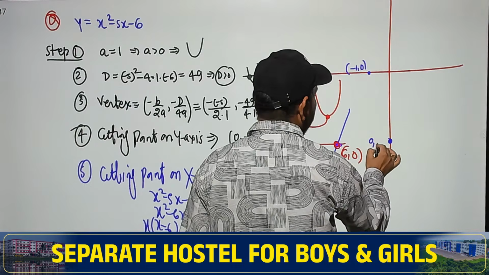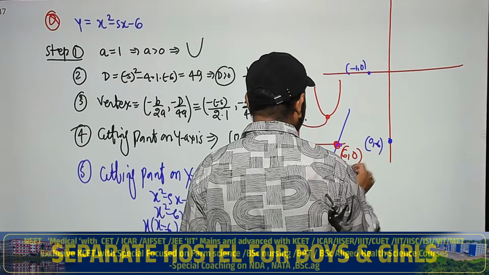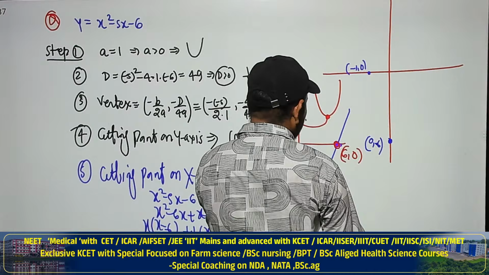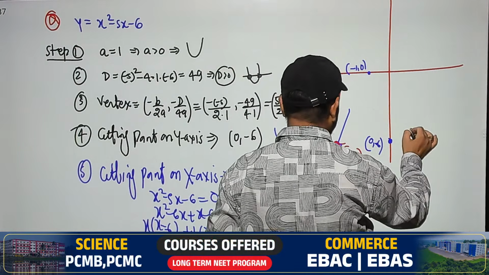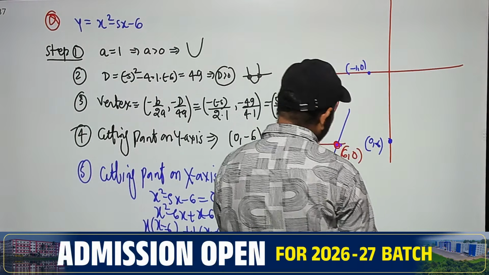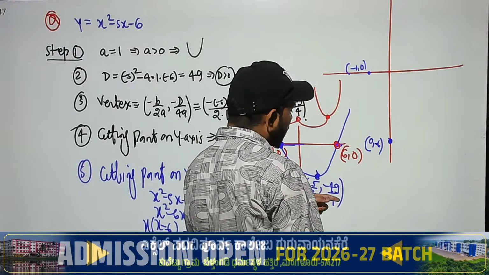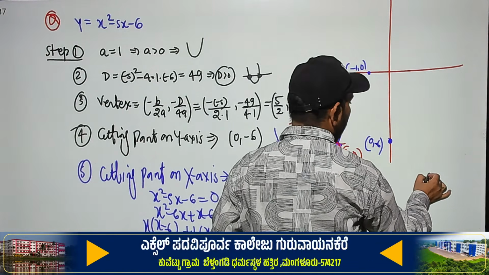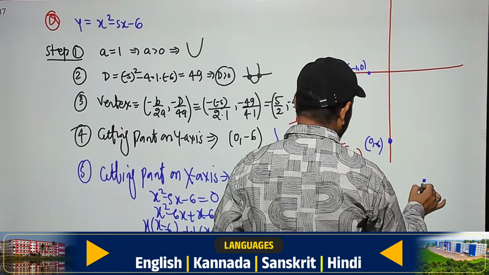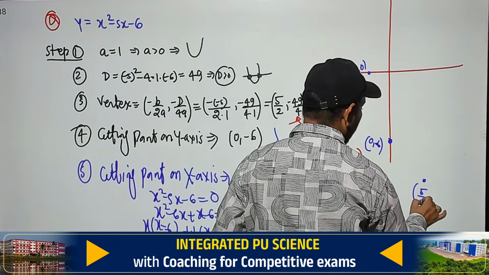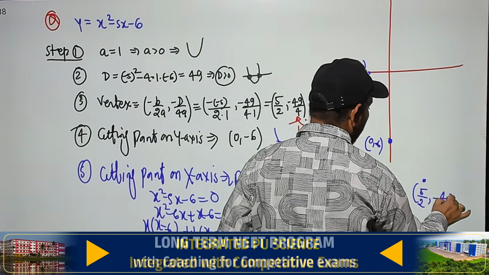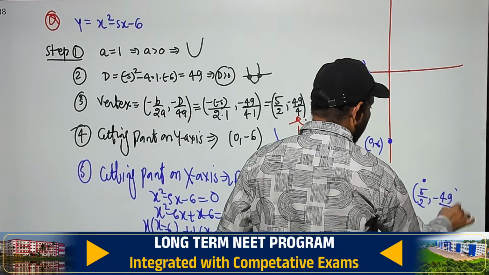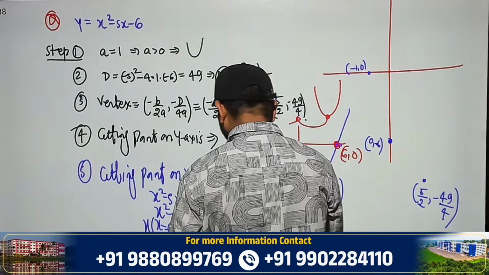One point I required, 5/2, means x positive 5/2 is somewhere here. Let's suppose here, this point is 5/2 comma minus 49 by 4. So your graph is coming like this, sir.